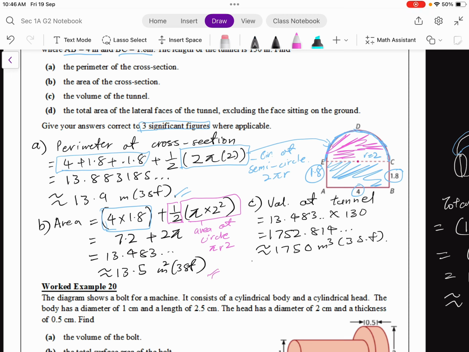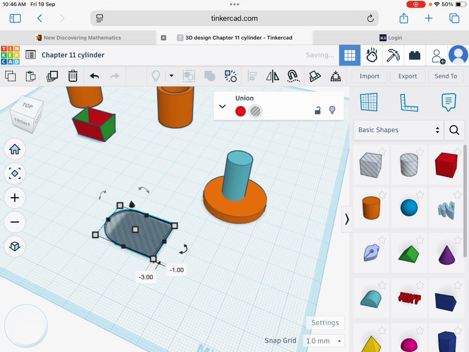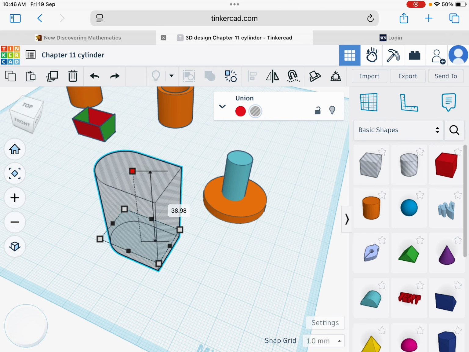Now if I want to find the volume, I just need to take this answer and multiply by the, oops, okay, so again, area times height: 2D, 3D, 2D, 3D.